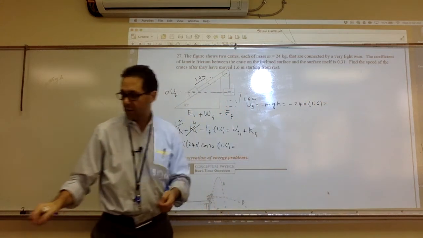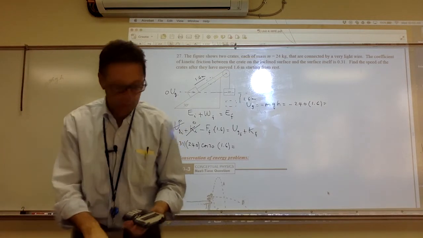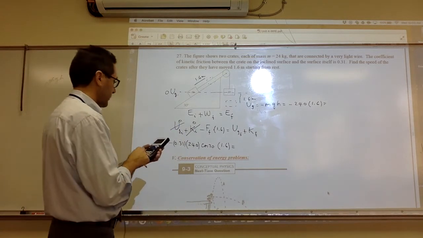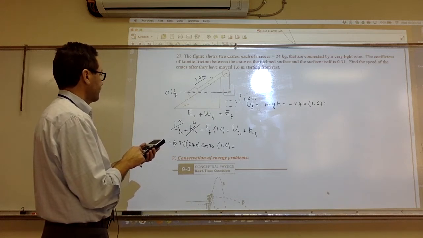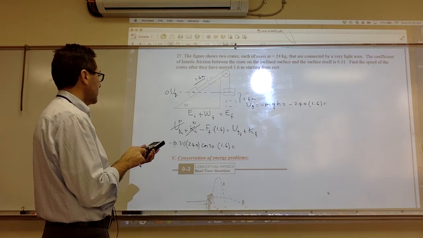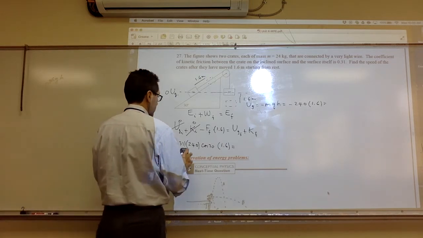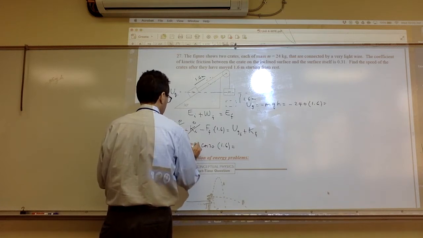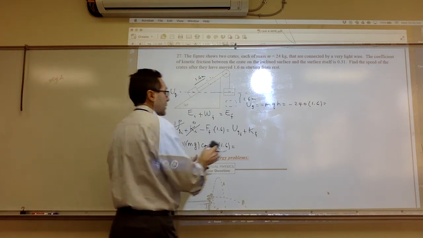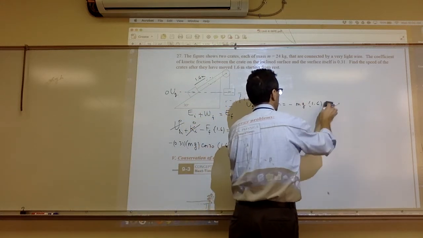Actually, I could have just left the mg's, since they're probably going to cross out. Maybe I should just do that, and this way I end up with less math. I'm going to put the mg here and keep this as mg. It's probably easier.